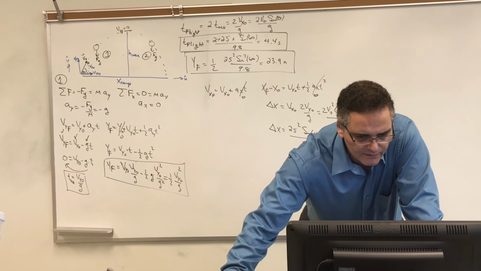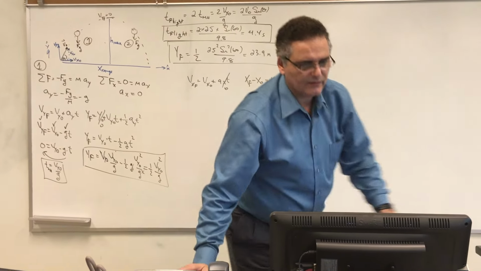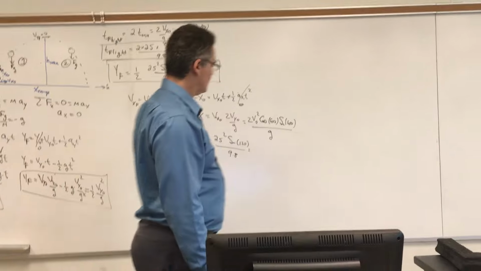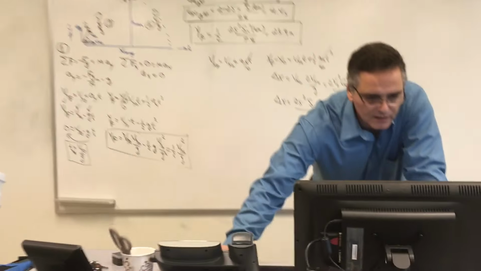Times 625 divided by 9.8. That's 50. No, I did that wrong, didn't I? Or it's 60. Let me try without doing the trig, right? So it's 60 sine times 60 cosine. I screwed up. Okay. Times 625. Close. Times 2. Close. Divide by 9.8. I'm still getting 55. Huh? I still got 55.